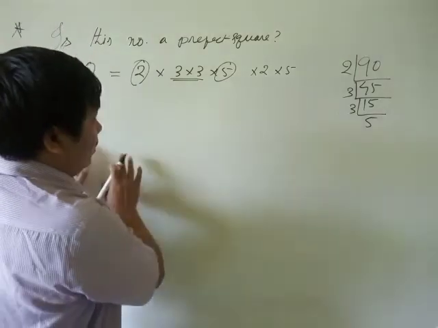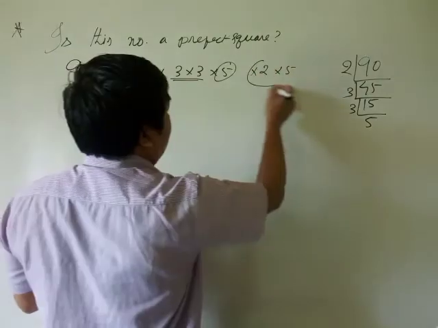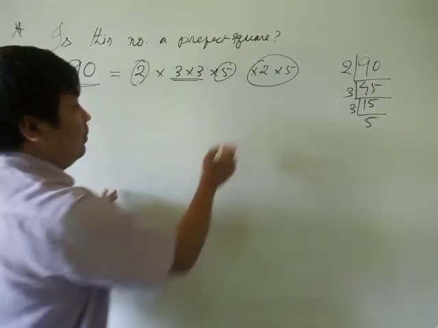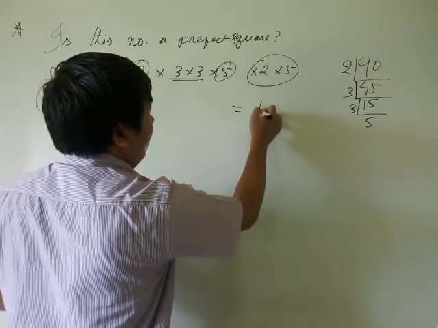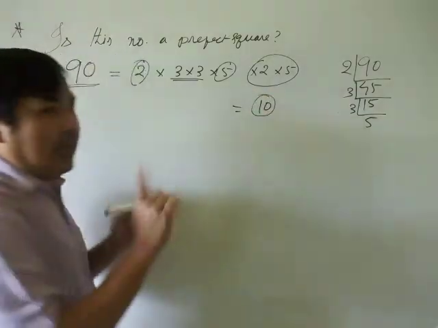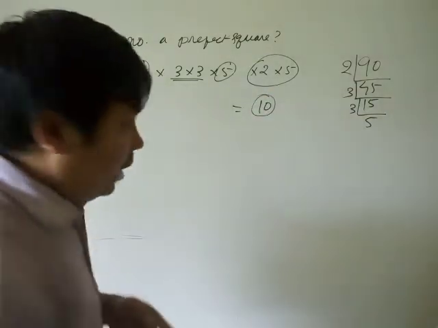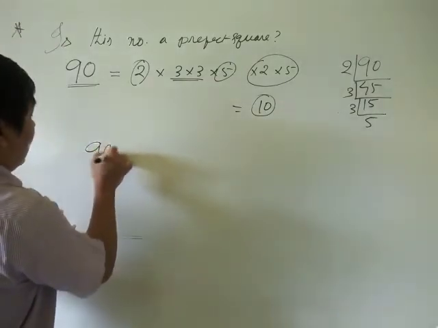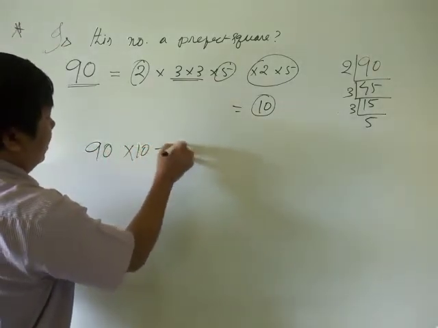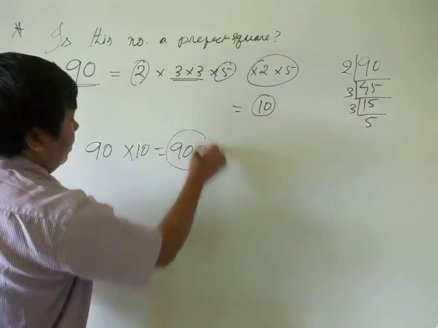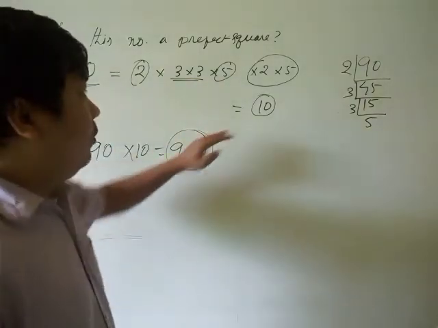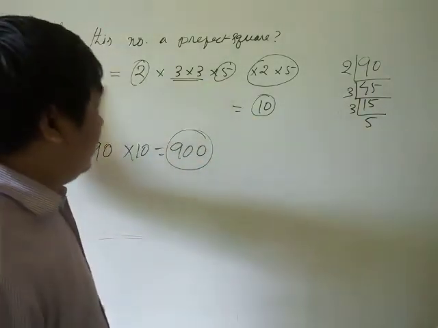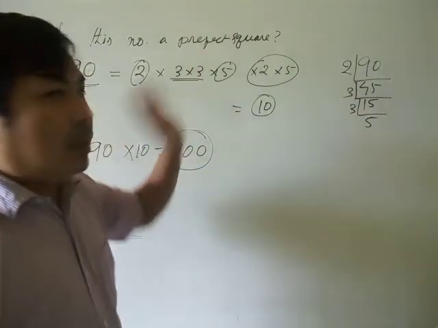So what number needs to be multiplied? This number is 2 into 5, that is 10. If you multiply 10 with 90, you get 900, and 900 is a perfect square. So if you multiply 10 with the given number, it will become a perfect square.